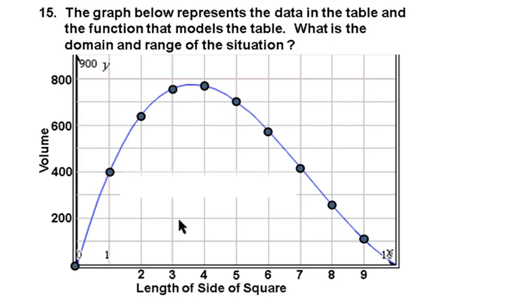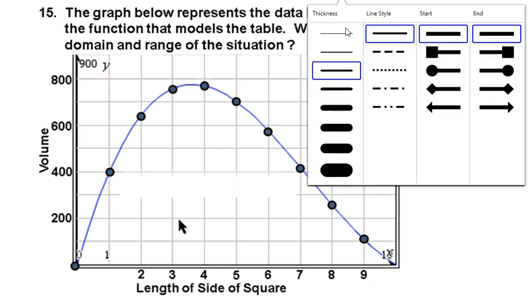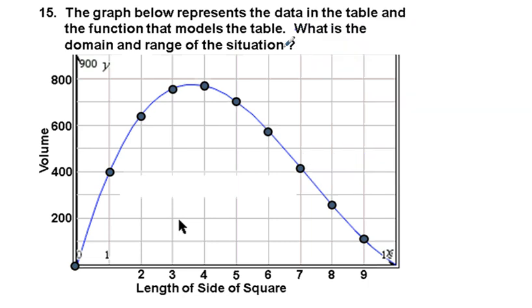Okay, next, 15. The graph below represents the data in the table and the function that models the table. What is the domain and range of the situation? Well, the domain we were given as the input values, right?